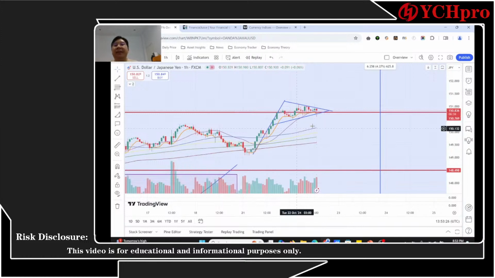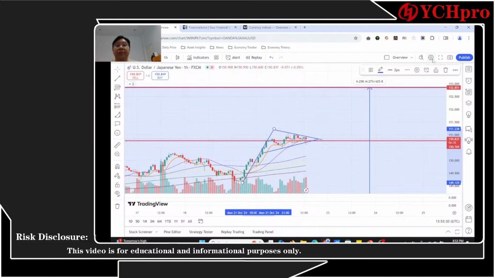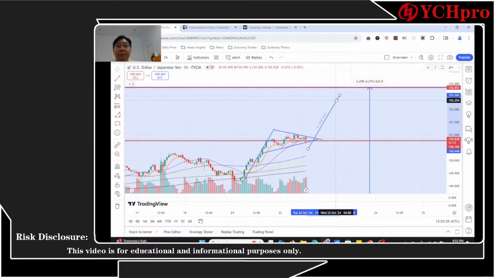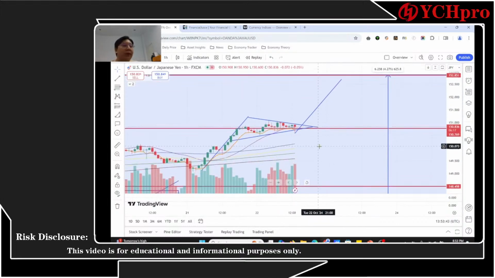Okay, I'm seeing this potential for a breakout and likely to reach near 152.8 yen per dollar with the arrival of this news out of Japan's inflation side. Okay, so that is one of the good news that we could use for our trading side.